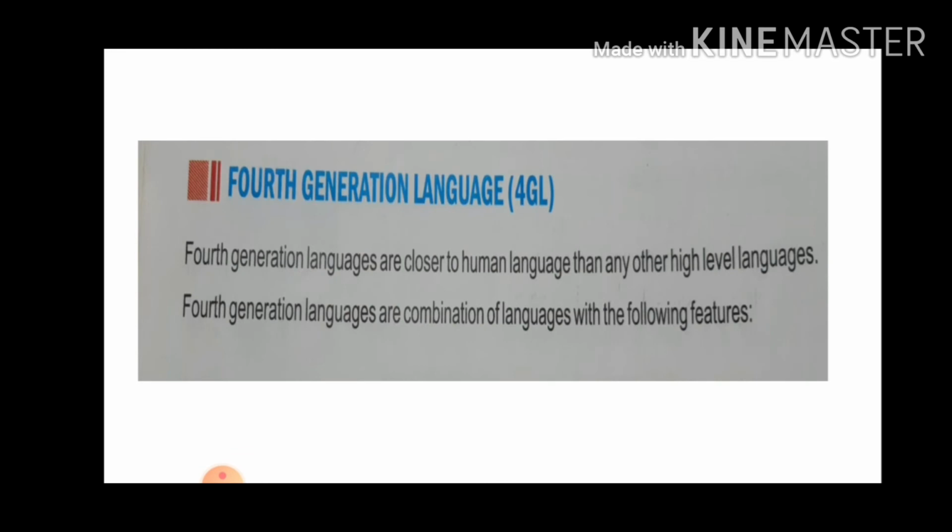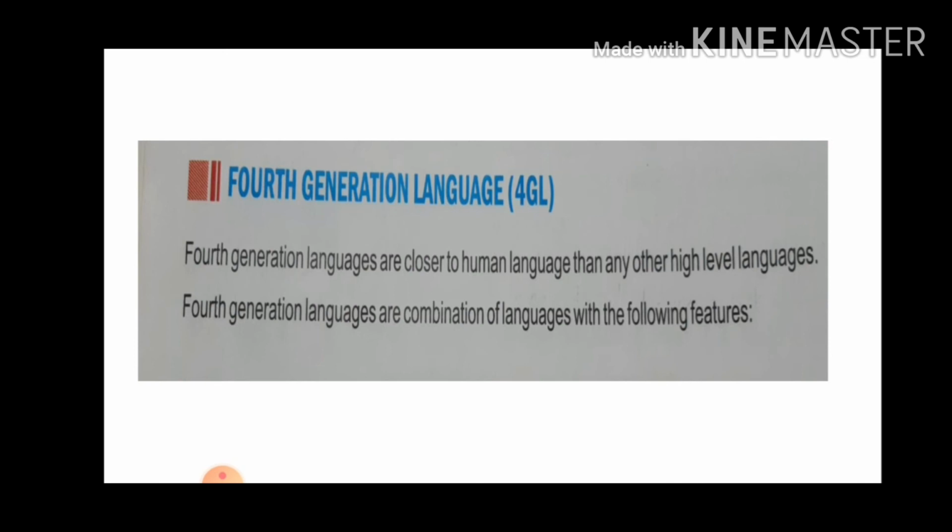Next is fourth generation language. What is a fourth generation language? Fourth generation languages are closer to human language than any other high level languages. It is a combination of languages with the following features. They are highly user friendly and have very high speed of execution.